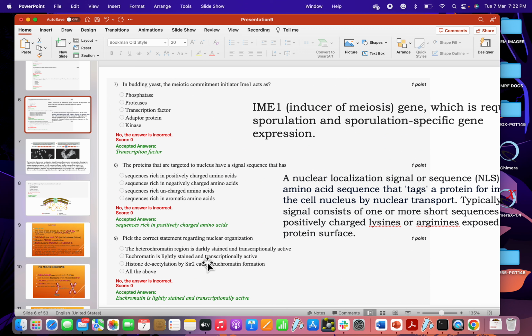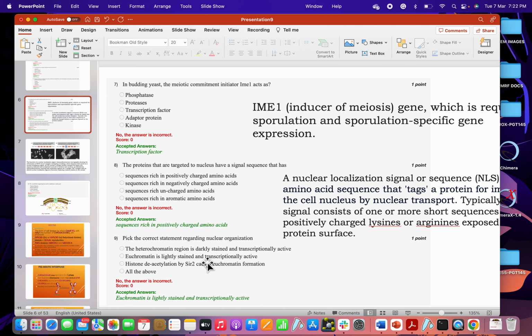So if some part of the chromosome is very condensed, will it be transcriptionally active or inactive? What do you say? It will be inactive because it is very much condensed.